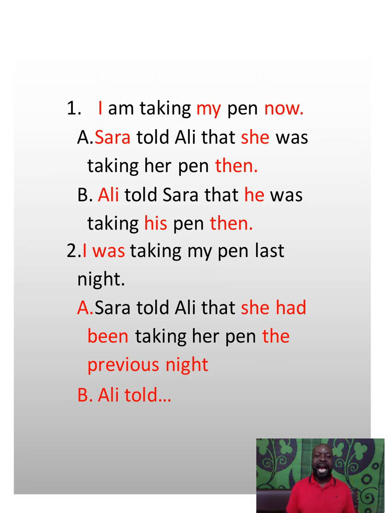B, Ali told Sarah that he. I changes to he because Ali is a man. Am changes to was. Was taking. Taking remains taking. We don't change it. Present continuous changes to past continuous.